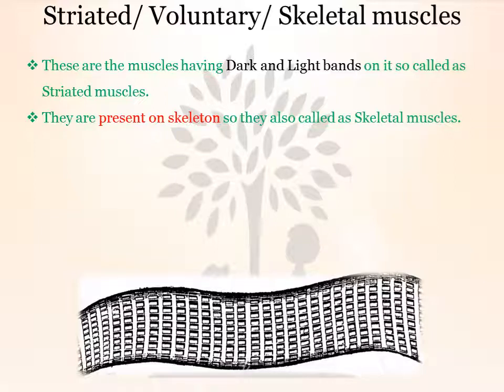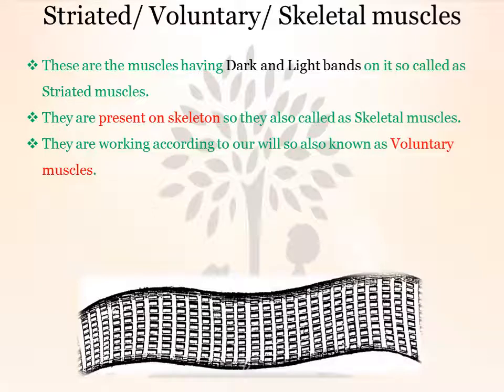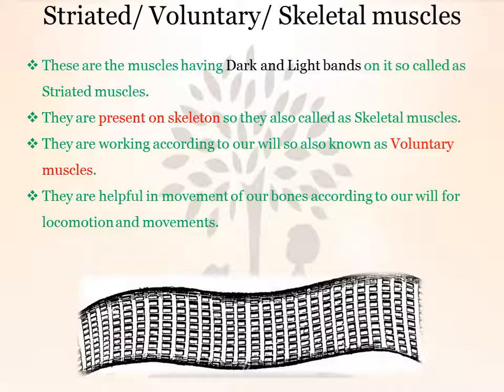We already know that muscles are connected to bones by tendons, so they are also called skeletal muscles. They work according to our will, meaning you can control the movement of these muscles, so they are known as voluntary muscles. They help in movement of our bones according to our will for locomotion and movement, as we already discussed.